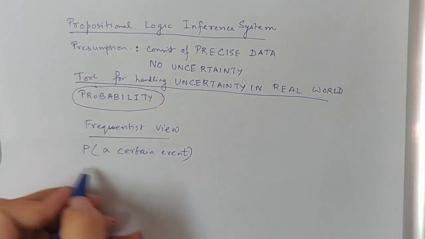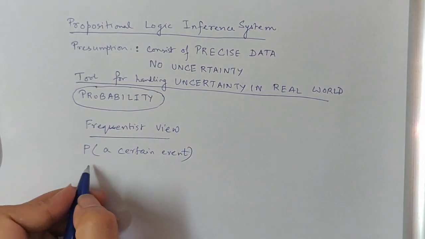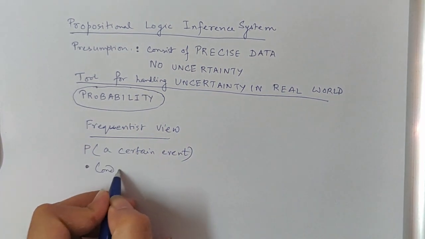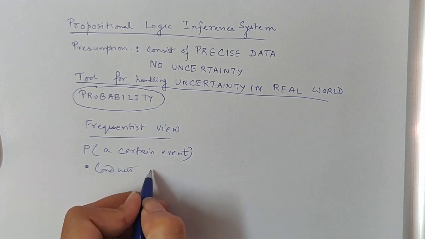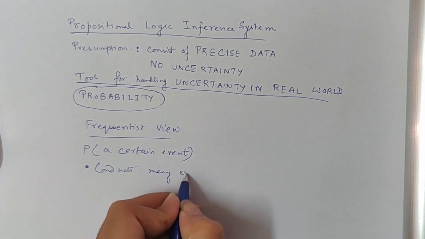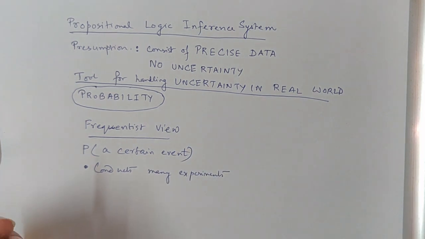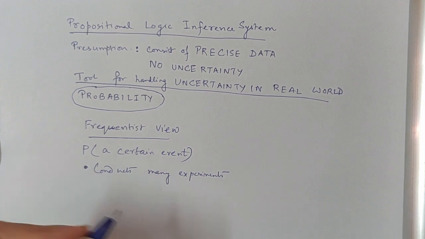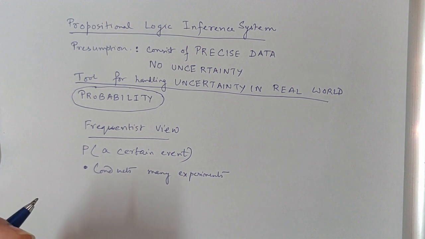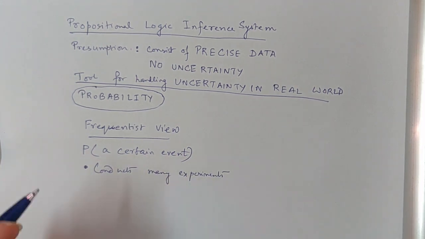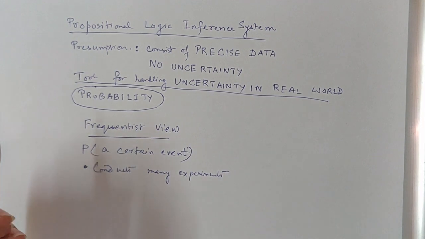For that, what the frequentist does is, he conducts many experiments. For example, if I ask what is the probability that at the flip of a coin a heads will come, he will flip a coin many times and continuously record what outcome is coming.